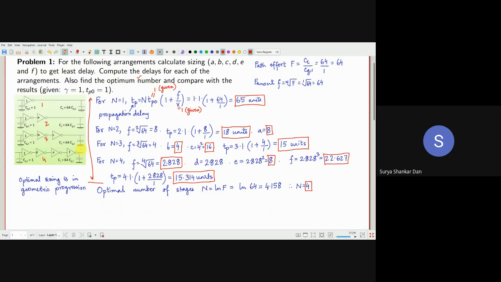What should be the optimum number of stages? Notice here there are 4 stages, right? If you increase another inverter, then you will see that the delays will go on increasing, which we have not shown over here. Okay, so what you asked is basically what is the optimization that we are doing here.